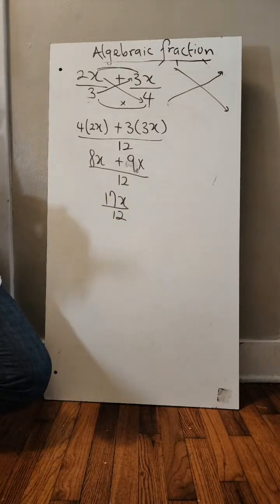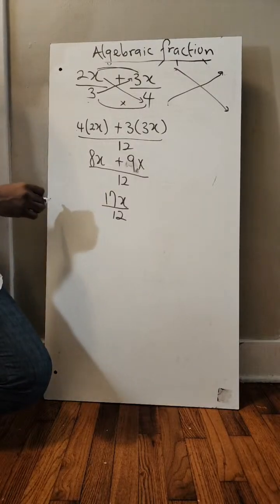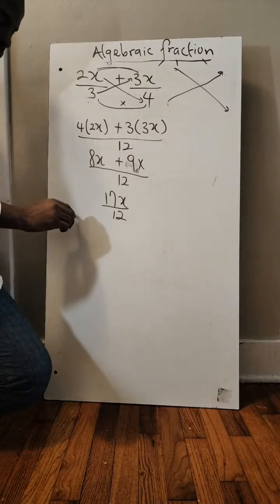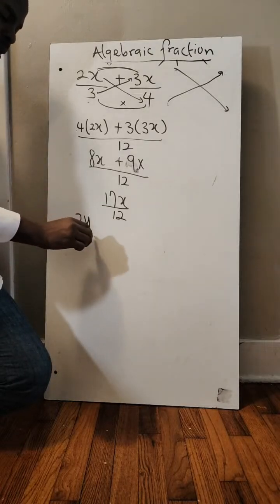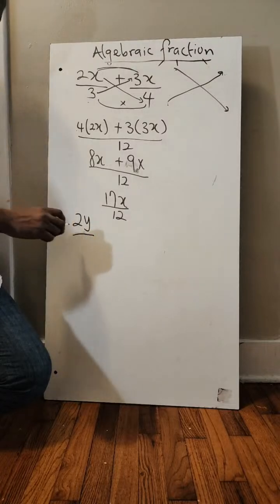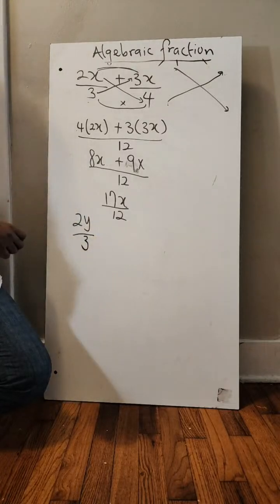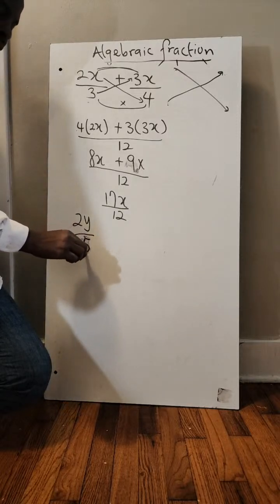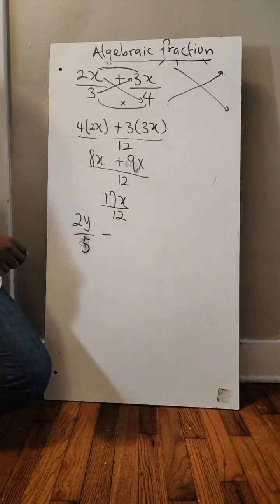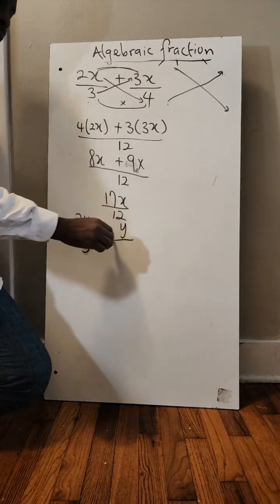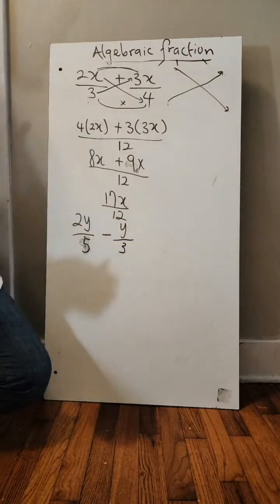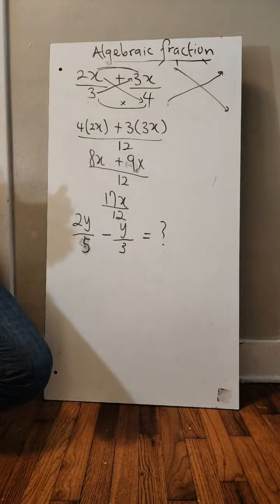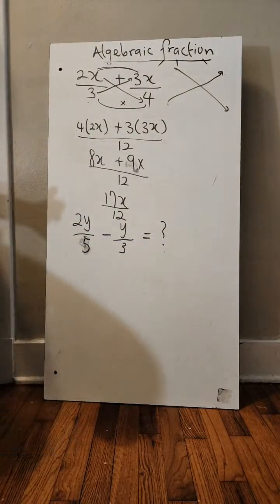And the question I have for you now is, if you have something like 2y divided by 5 minus y divided by 3, how can we do this? Using the same approach I used here, how can you work with this?